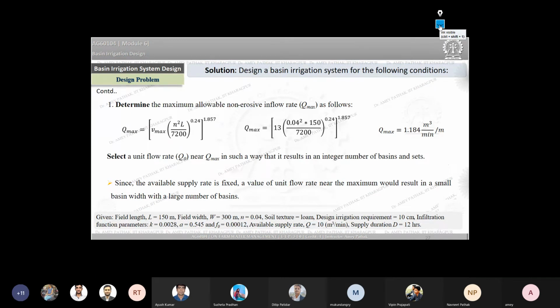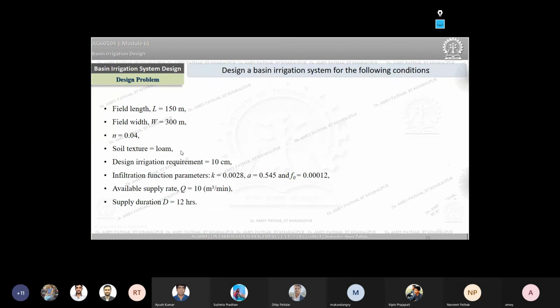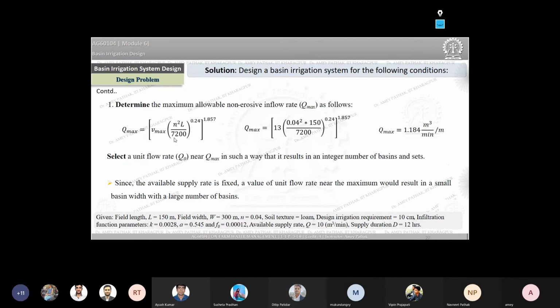Okay. Now, first step, as I said, we have to see what should be the upper limit of our inflow rate, Q max. So Q max can be calculated using this expression. So we know for different types of soil there is a maximum permissible velocity, V max. Okay, so let's say in case the soil is loam, from that lookup table we can see, if it is not given, then we have to see the lookup table.